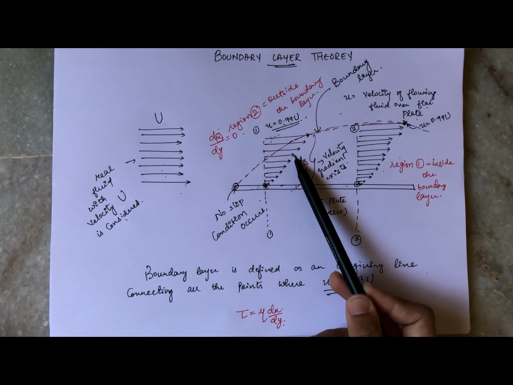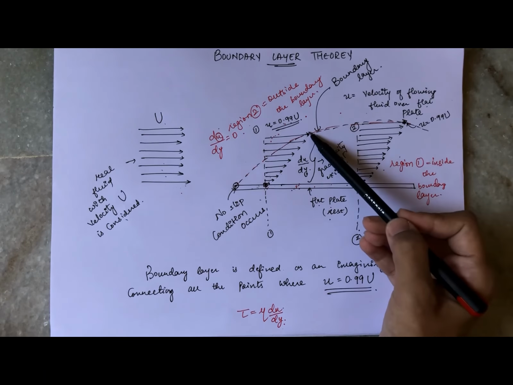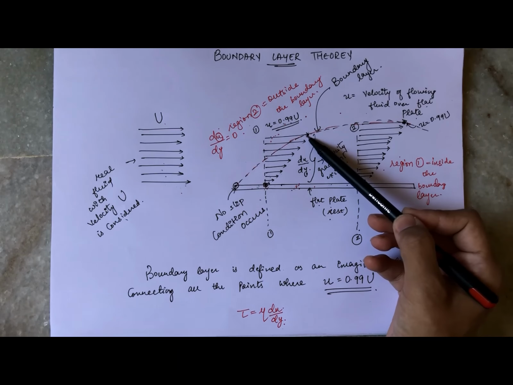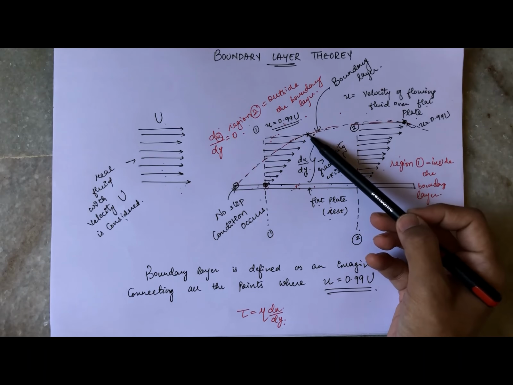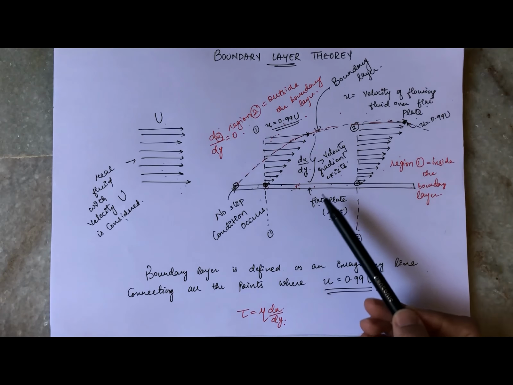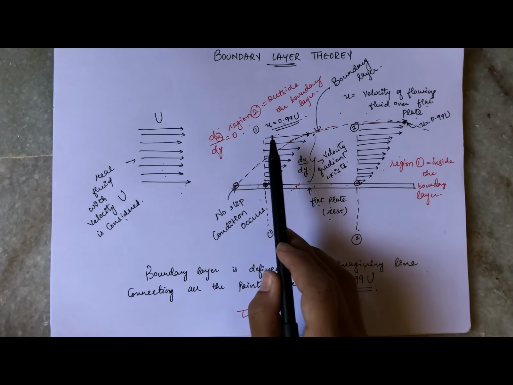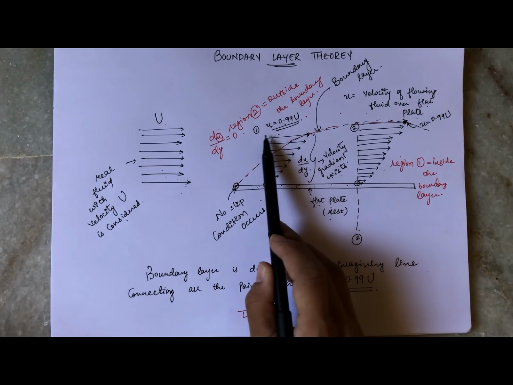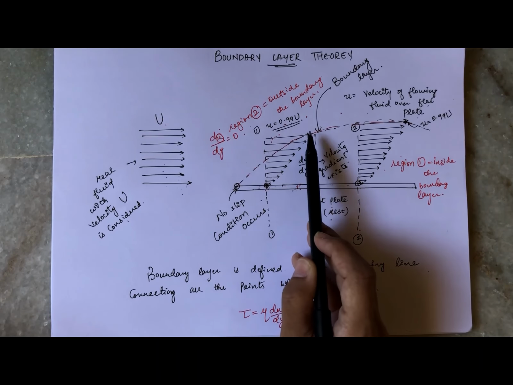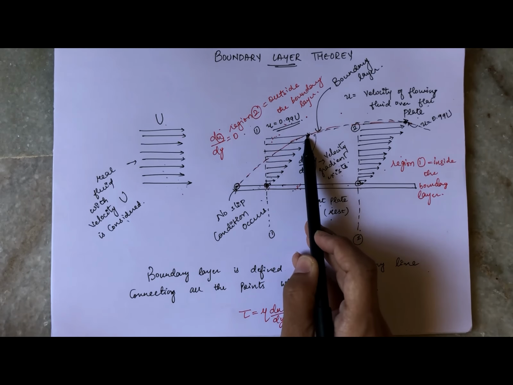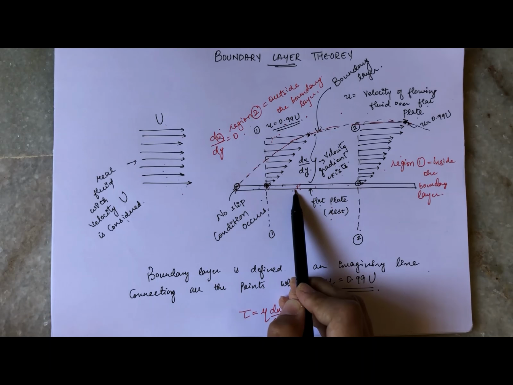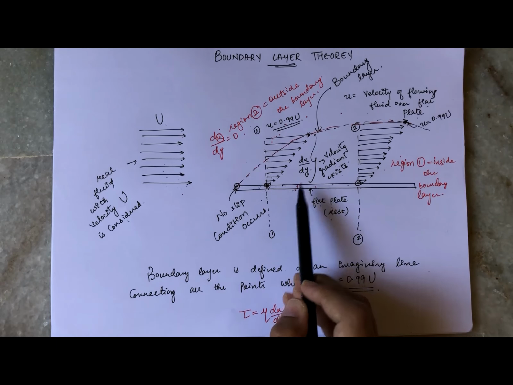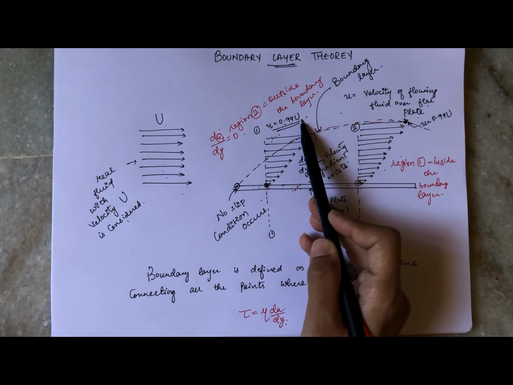At some point there will be no effect of the plate on the velocity of the flowing fluid. This stream of flowing fluid is free of the viscous effect of the flat plate, and small u will be almost equal to capital U.